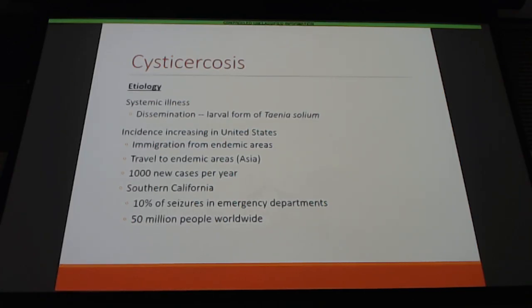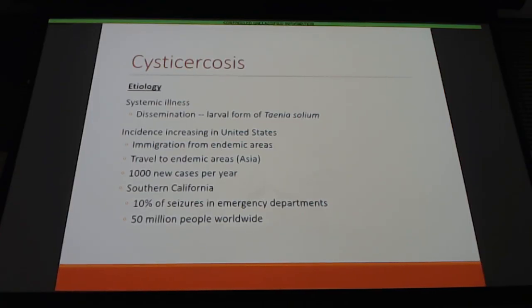This thing likes the brain, which is what we're going to talk about, neurocysticercosis, and this thing likes muscle. It can go to any organ, but most common would be eyes, brain, and actual muscle, usually on your extremities or anywhere else on your body.